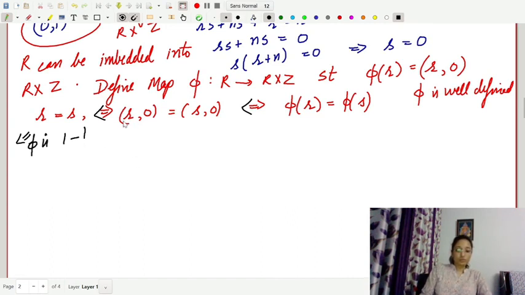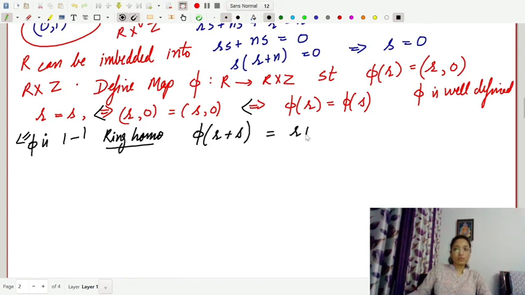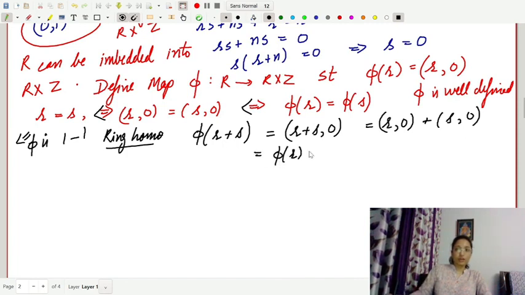Now ring homomorphism शो करने के लिए हम क्या करते हैं? phi(r + s) is equal to (r + s, 0), which in turn is equal to (r, 0) + (s, 0), which is equal to phi(r) + phi(s).